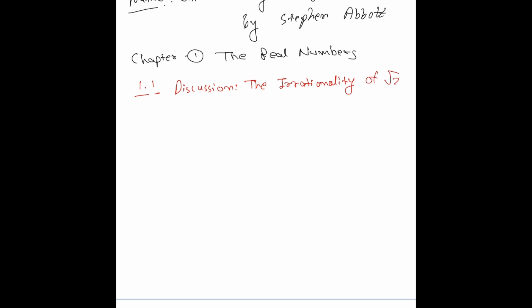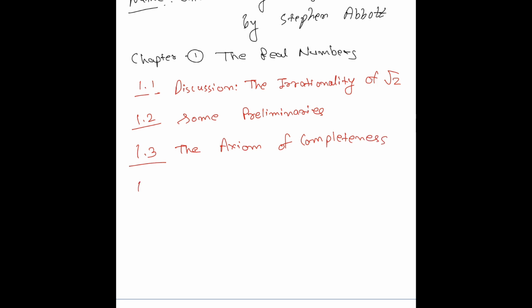Second is some preliminaries. Third is the axiom of completeness. The fourth one is consequences of completeness.